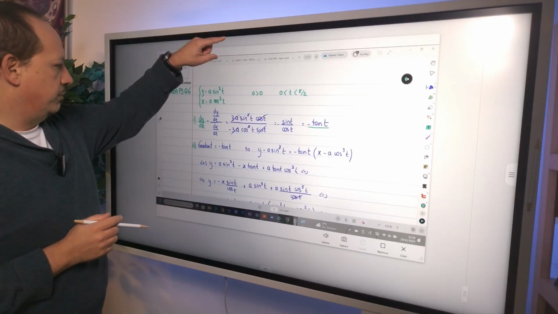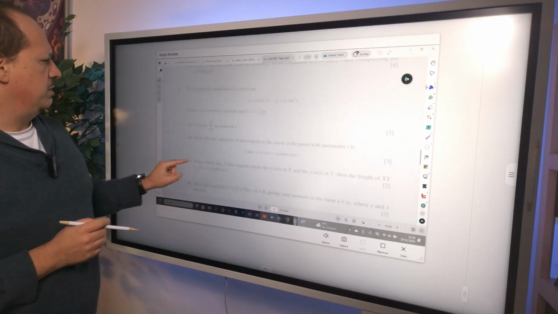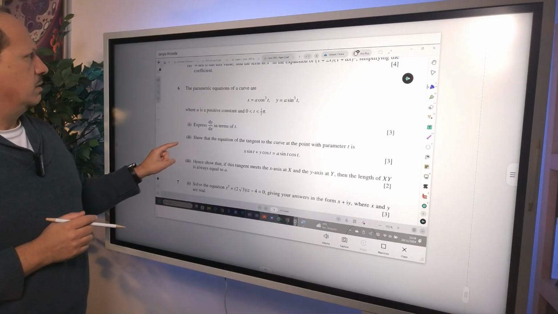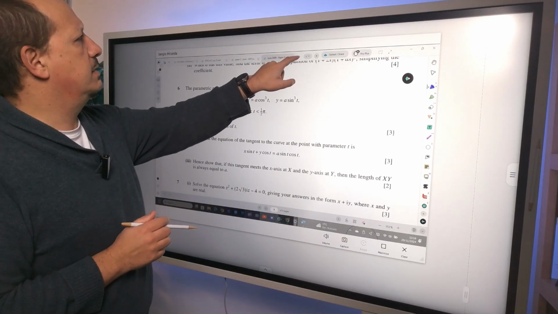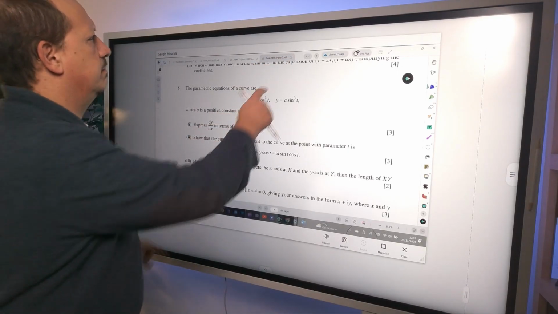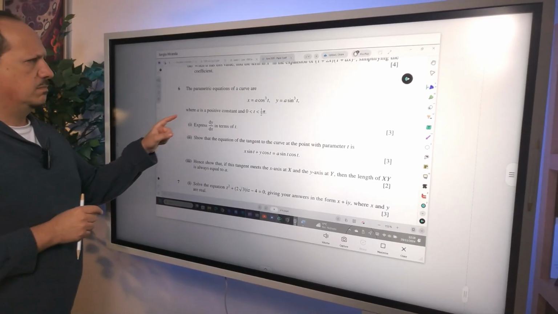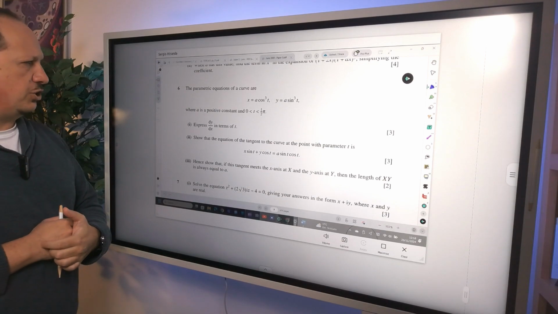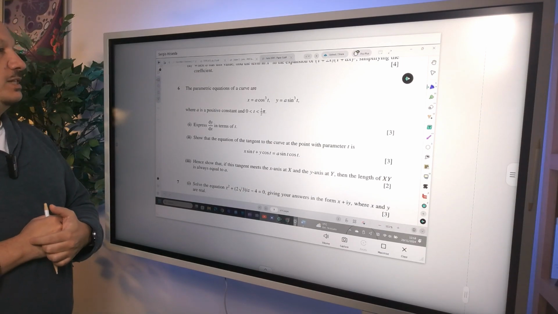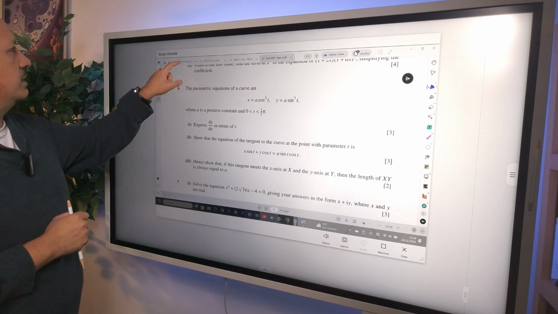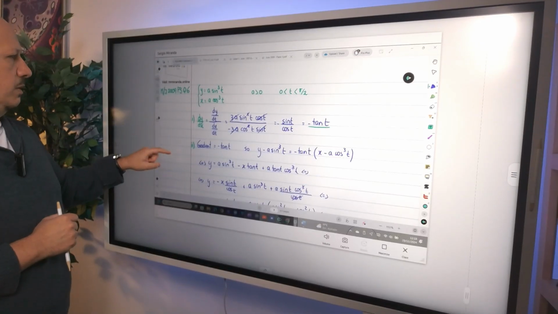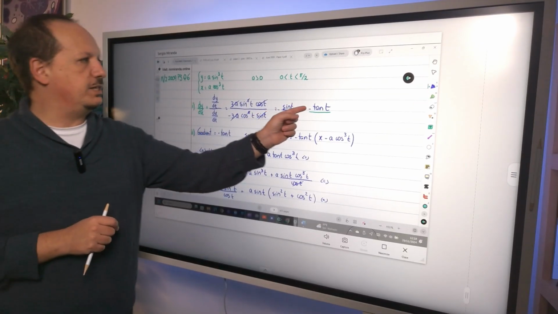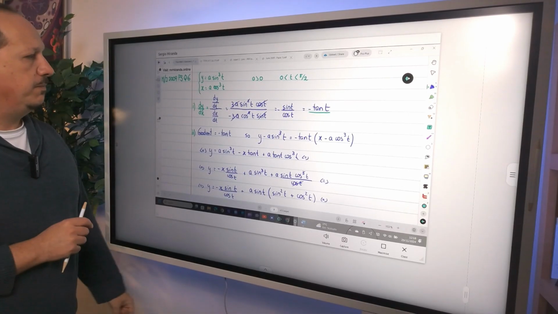Then you have to, again, what was the question? Show that the equation of the tangent to the curve at a point with parameter t is that one. Okay, so you already know the gradient. The gradient is minus tan of t.